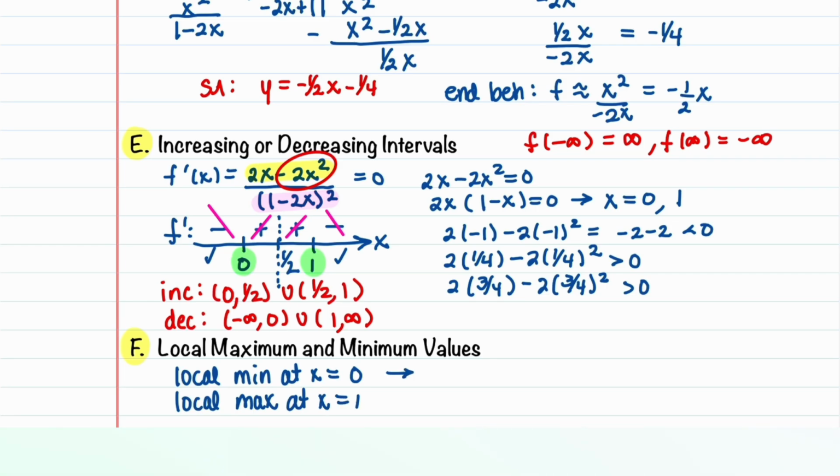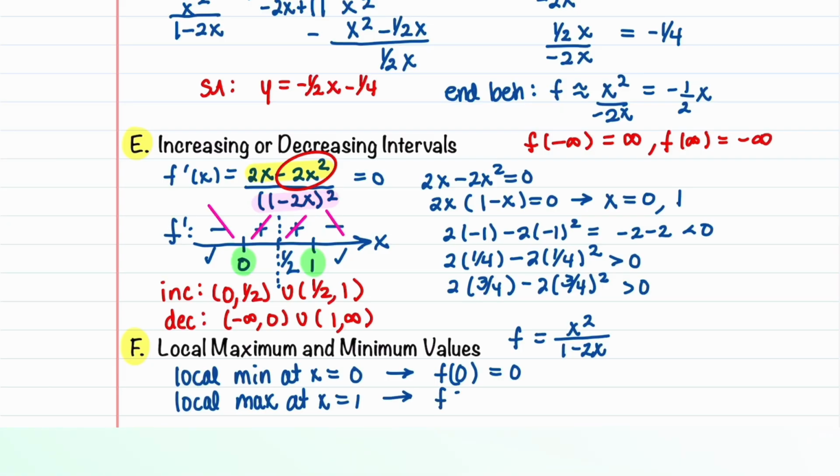Now what we have to do is find the value of the function at both of those points. So let me put that our function f is x squared all divided by 1 minus 2x. So f at 0, let's see, that is 0 over 1, so that's just 0.